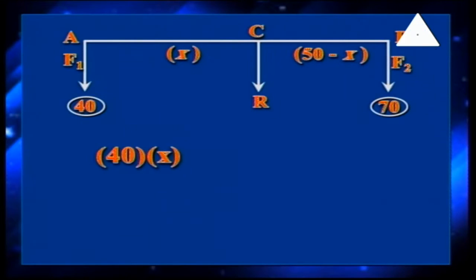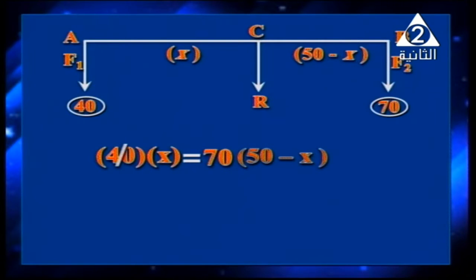And we multiply: F1 times AC equals F2 times BC. F1, 40 times x, equals 70 times 50 minus x, divided by 10. Left hand side and right hand side, 4x equals 7 times the bracket containing 50 minus x.